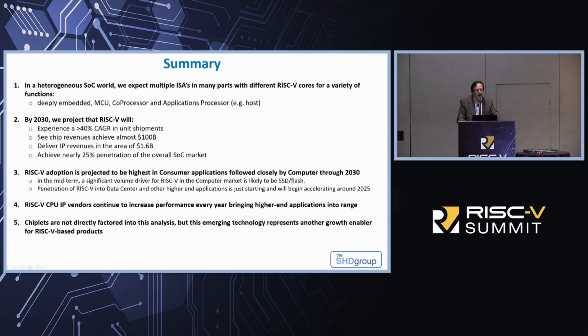So in summary, in a heterogeneous SoC world, we expect multiple ICs are going to share die area on the same part, with different RISC-V cores for a variety of functions that we've identified: deeply embedded, FSU replacements, MCU, a coprocessor, and an applications processor.